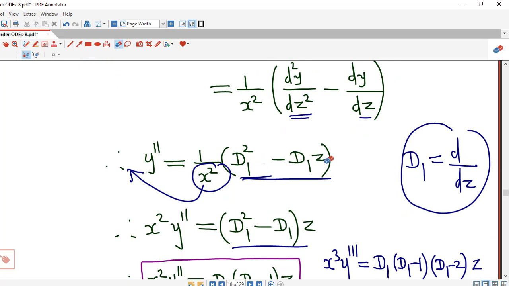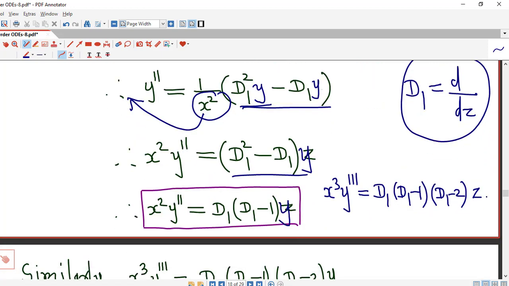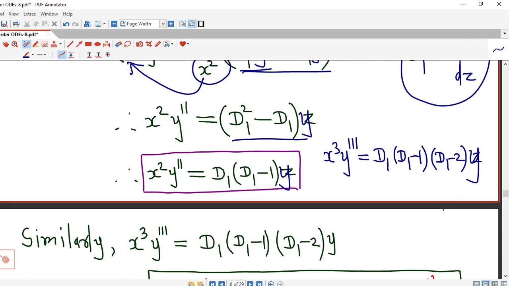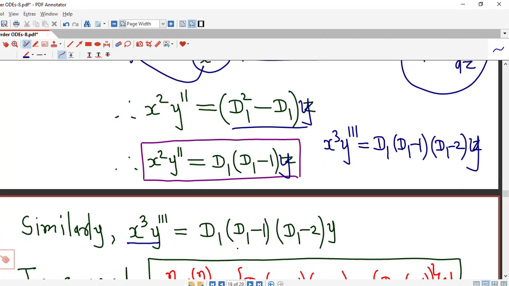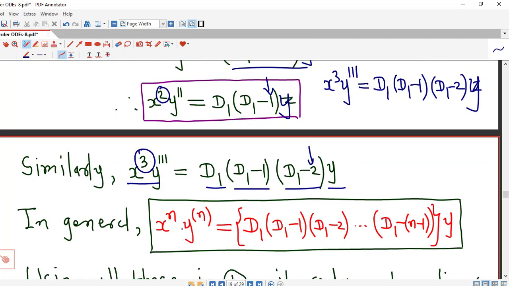Here I should write y, since it is the derivative of y, so D1 square y minus D1 y, this is also y, so here I will write y. So x cube into y triple dash equal to D1 into D1 minus 1, D1 minus 2 y. So if I have 3 here, I have to go up to 2 here. If I have 2 here, I will go up to D1 minus 1. In general, if I have n here, I will go up to n minus 1: D1 into D1 minus 1 into D1 minus 2, and so on, up to D1 minus n plus 1, y.